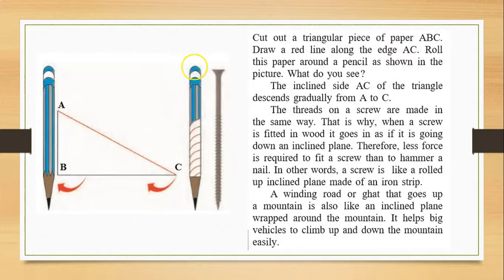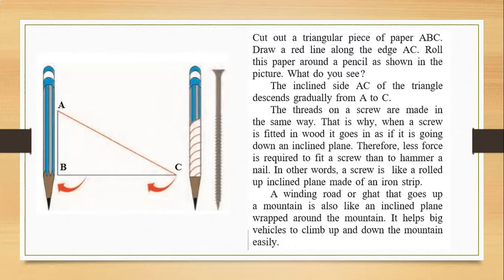They are like screws. Suppose this is a mountain, then they go round and round, winding. So less effort is taken and less fuel is consumed by the vehicle, that is why such roads are made.